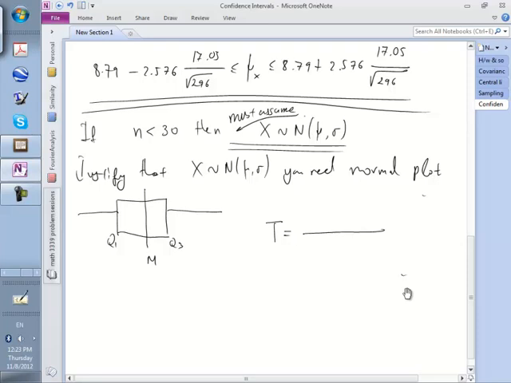Okay, so what would be the interval in this T distribution? Let me give you the confidence interval. Now the confidence interval using the T distribution would be X bar minus T. The T distribution is called student's distribution. I will tell you the story of why it's called student's distribution.